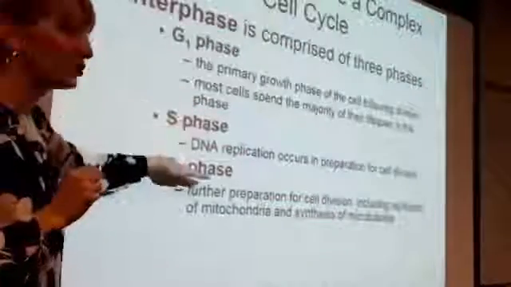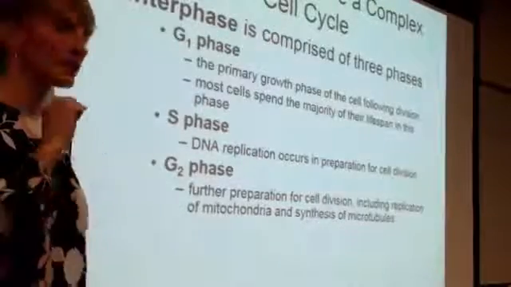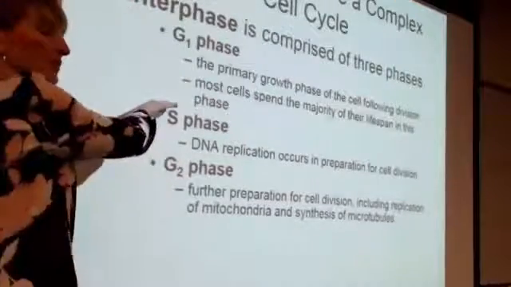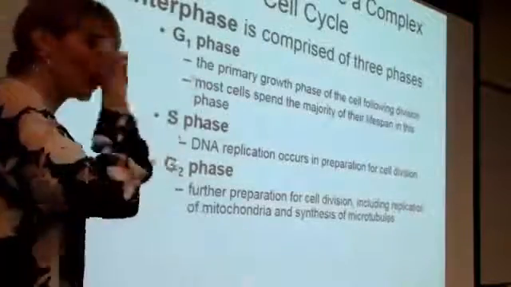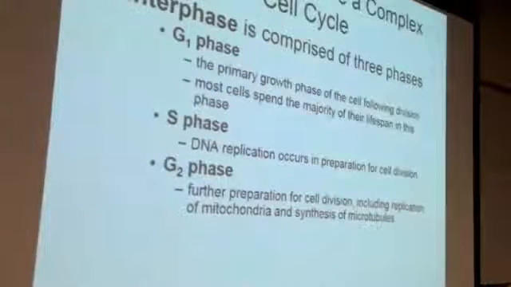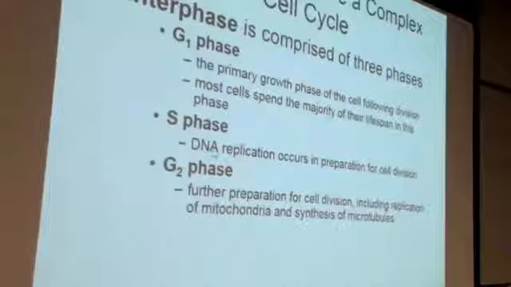So S and G2, that's only for cells that are destined to divide. I mean, at that point, if they hit S and they go through it, they're heading for mitosis. S is DNA replication. The S stands for synthesis because it's synthesis of DNA. So DNA replication.